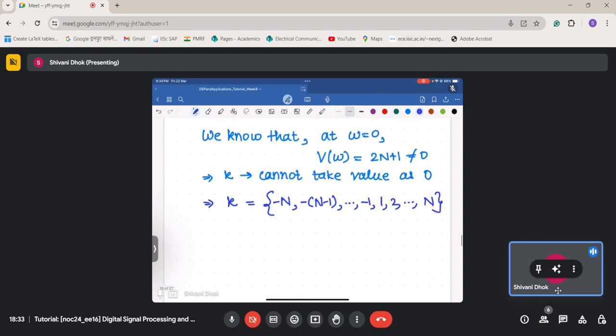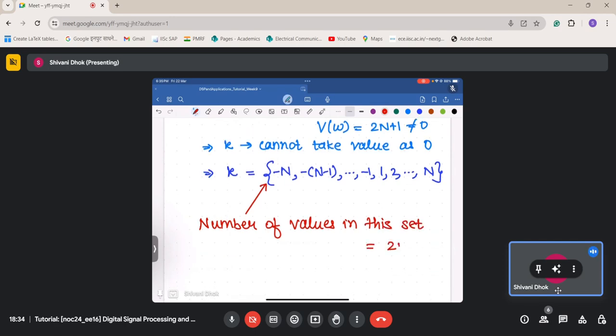And the number of values in this set will be equal to 2n.